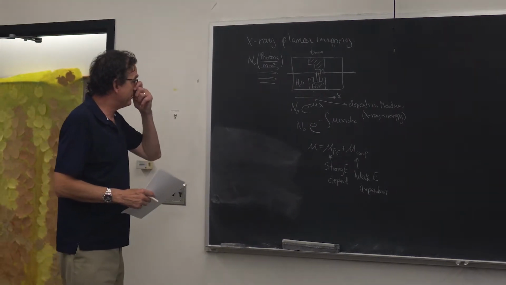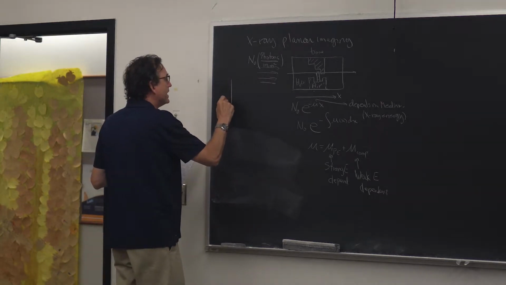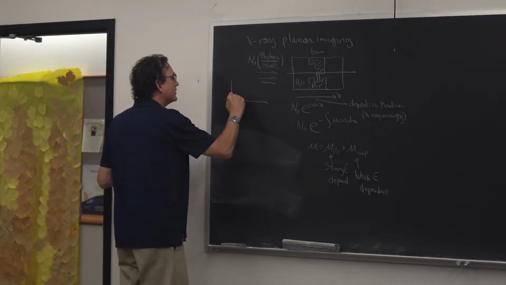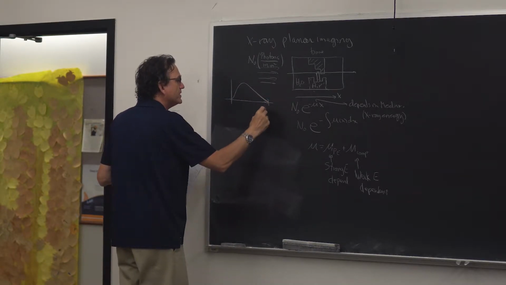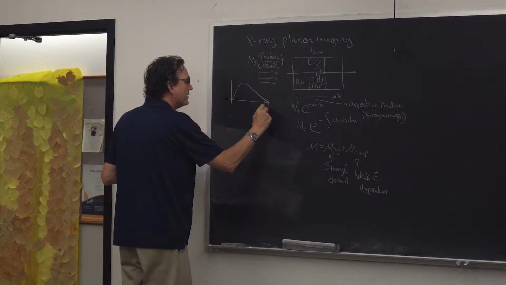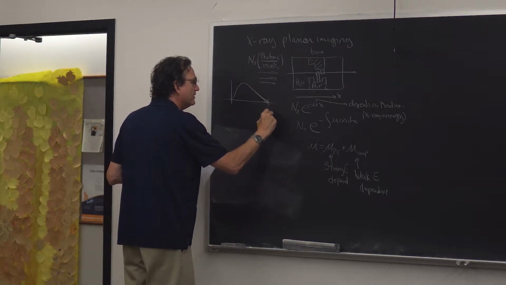Okay, and also we said that the spectrum of photons is not monoenergetic, but is produced with a very broad spectrum all the way up to some maximum energy. These typically can go up to, for example, 100 keV in photon energy.